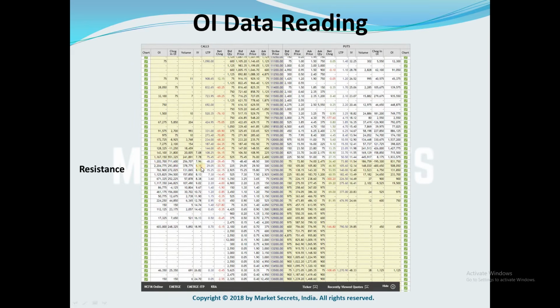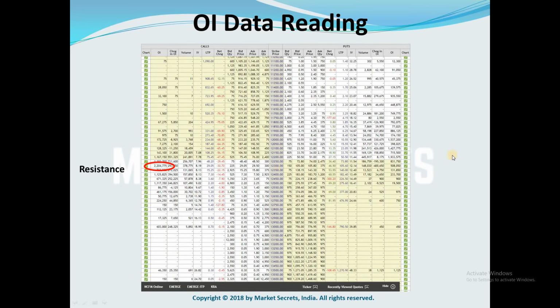You need to find the strike price for this contract, which is 12300 CE. So 12300 has the largest number of contracts on the call side, which indicates it is your immediate resistance. In the change in OI column, nearly 3 lakh contracts were added today to this strike price, which indicates this resistance is getting stronger.